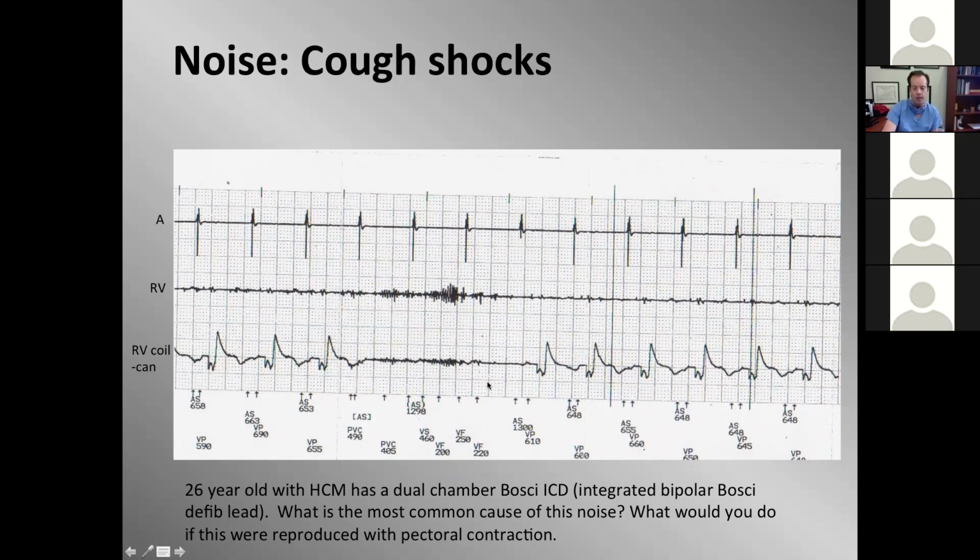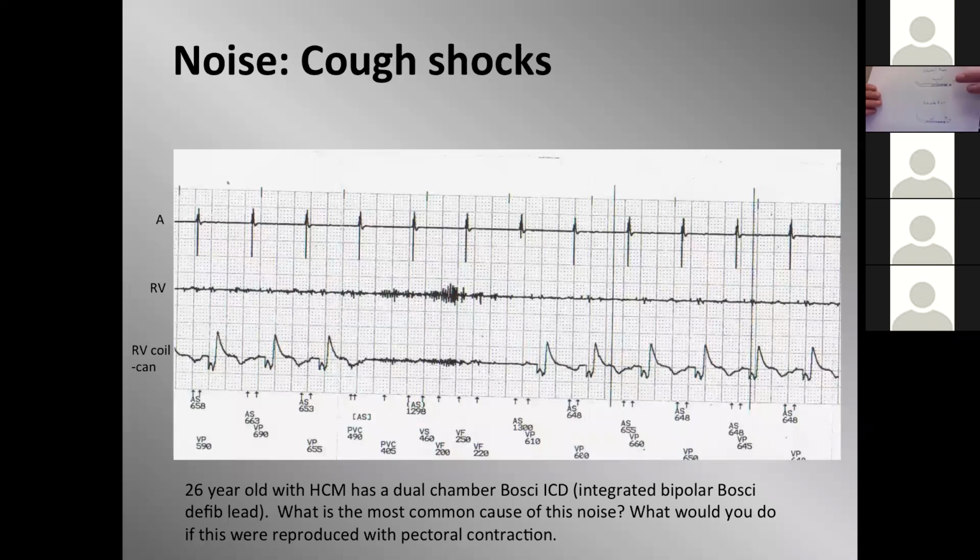This is an afterthought. I don't know the experience of the audience. Let me show you, as a reminder, integrated and dedicated bipoles. I don't know if that's backwards or not. Remember that a dedicated bipole uses the ring as the pace sense circuit, and an integrated bipole uses the coil.